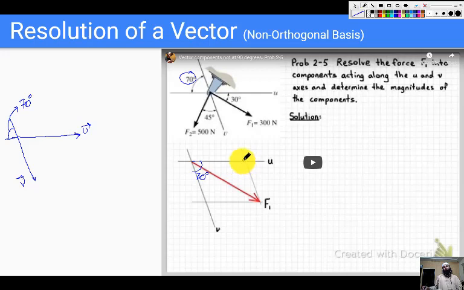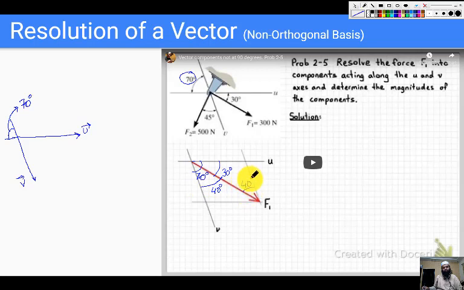So now we would have to use some trigonometry, because this angle we already know is 30 degrees. And because of the remaining angle, we can do the calculation, this angle is going to be 40 degrees. And because these two lines are parallel to each other, and these two lines are also parallel, this angle is also going to be 40 degrees.